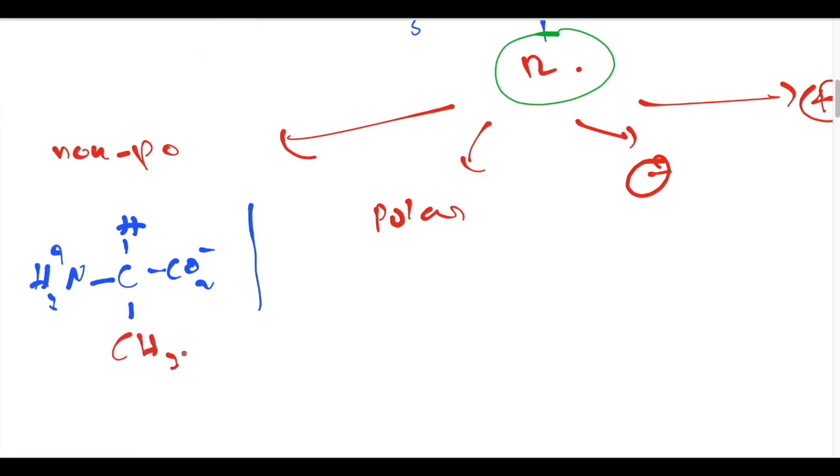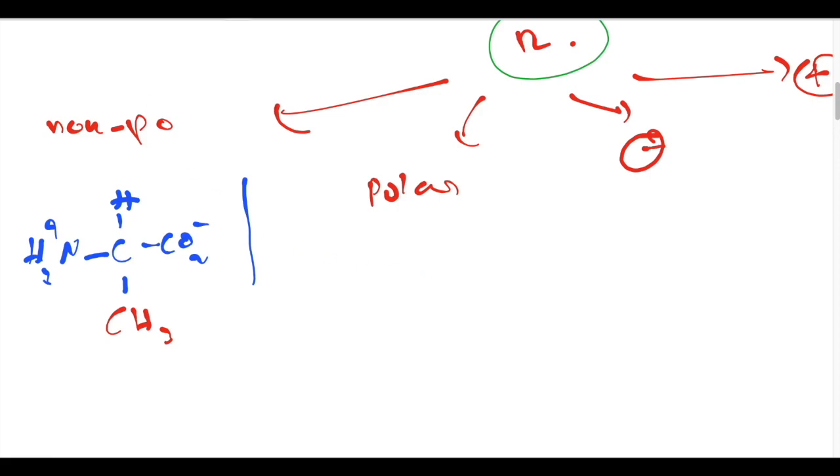So here we can see that the methyl group is non-polar and uncharged. Also with the polar side chain that is also uncharged, we have the serine. So here we have alanine. We just write the first 3 letters of the name of the amino acid.